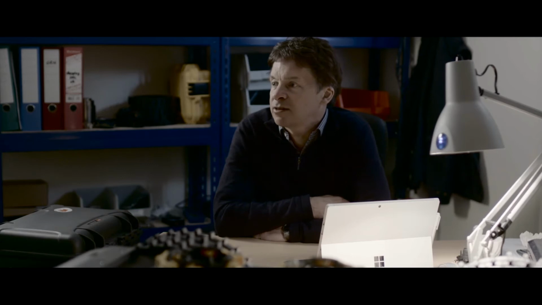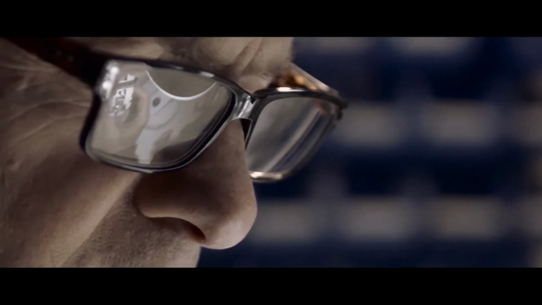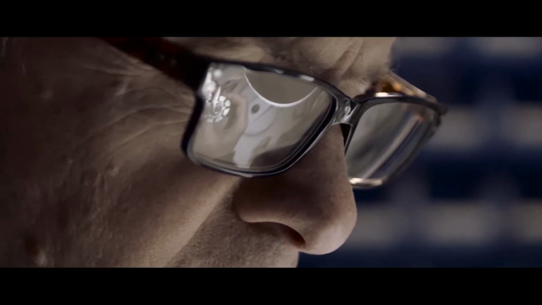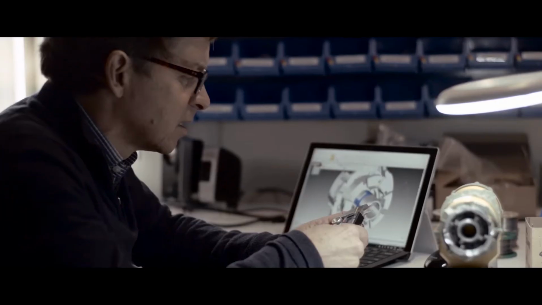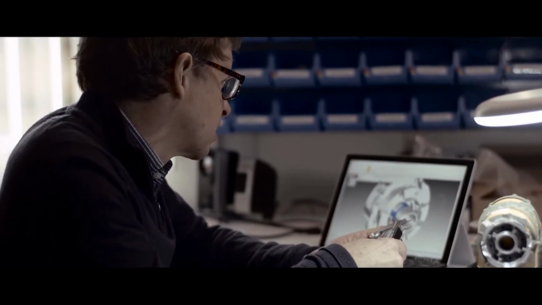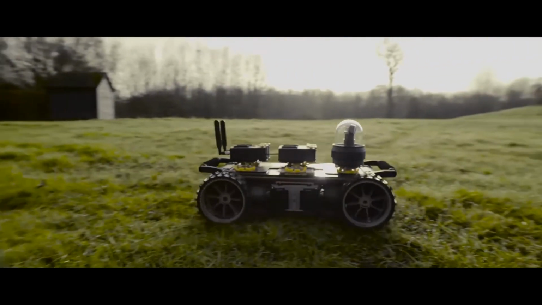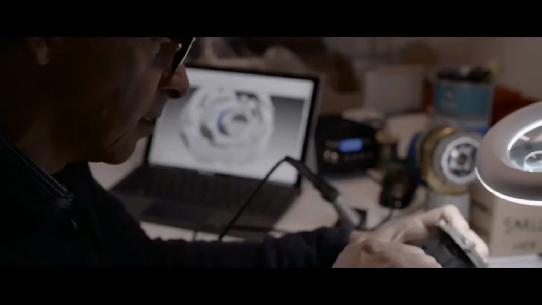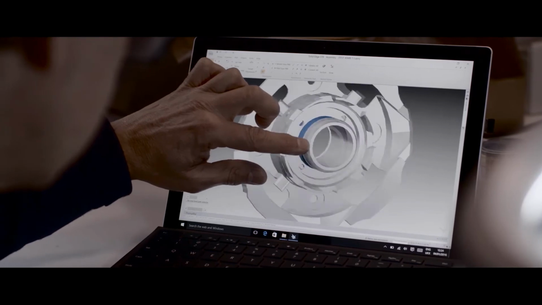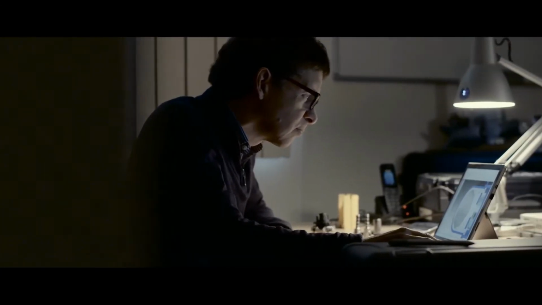There's a sense of fulfillment in having engaged with a customer and found a solution that they'd never dreamt of before. This is a very clever, very sophisticated piece of equipment, just like our robot is. Technology by itself is nothing. It's how people use it that's interesting. With a technology like the Surface, as you get to know it, you get more and more passionate about it. It's a blank canvas, really, for other people to paint their ideas on. That's the exciting bit.